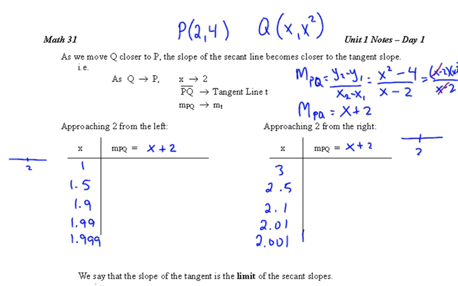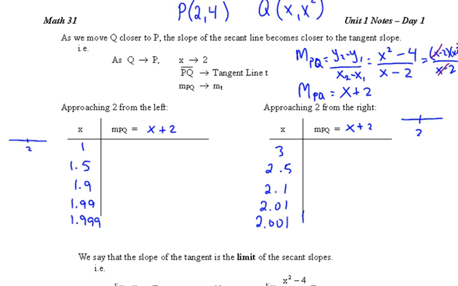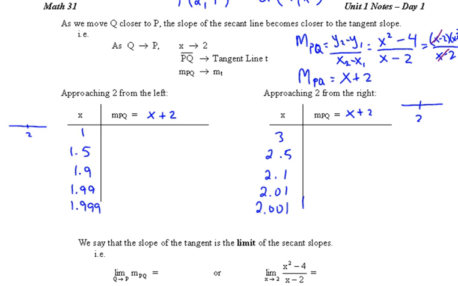So this is numerically. Okay, so let's plug it in. Our equation of the secant line is x plus 2. So 1 plus 2 gives you 3. 1.5 plus 2, 3.5, 3.9, 3.99, 3.99999. So as x is approaching 2, what is our slope approaching?